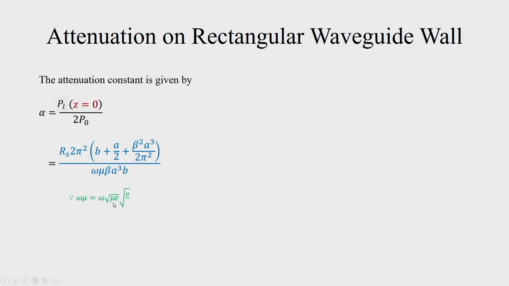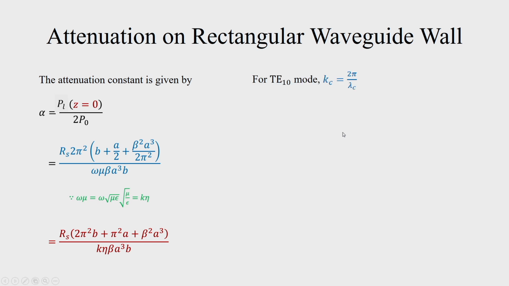Now, further simplification is possible by considering that omega mu can be written as omega root mu epsilon into root mu by epsilon, which is equal to k eta. Eta is the intrinsic impedance of the dielectric, and once we substitute that, we get the equation of this form.